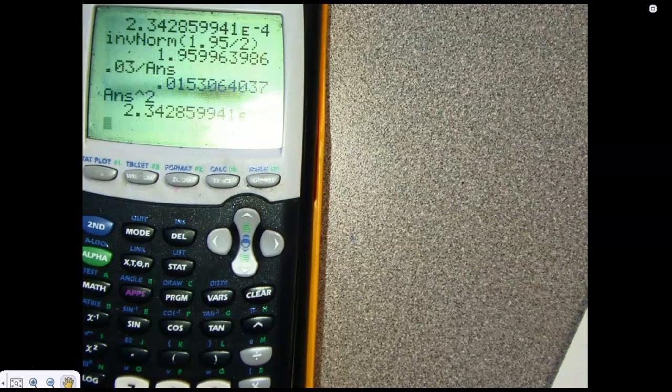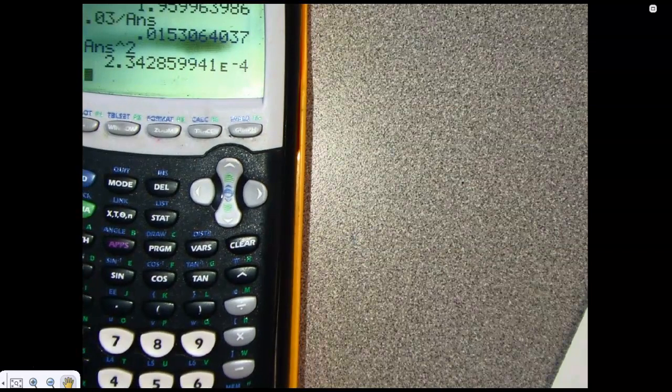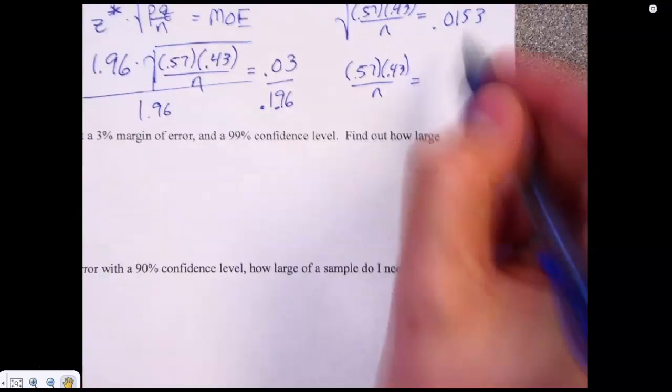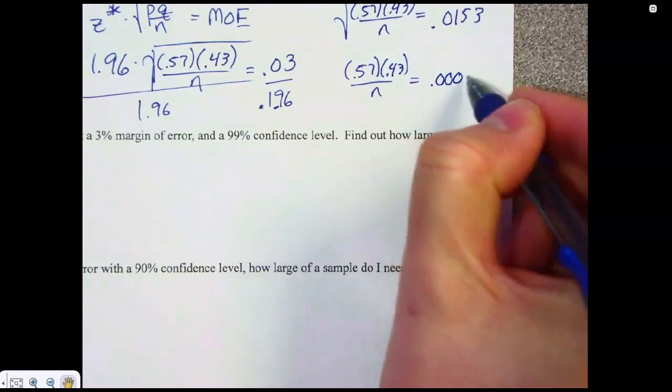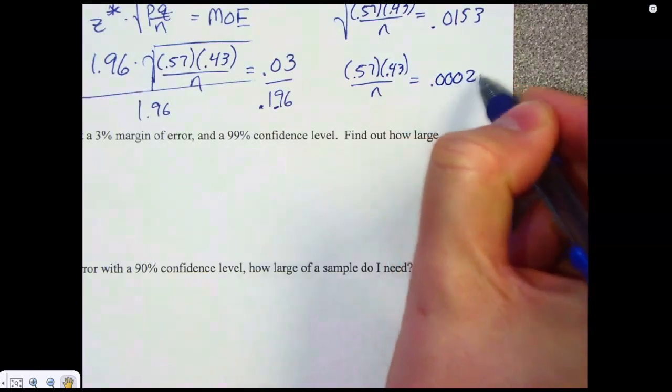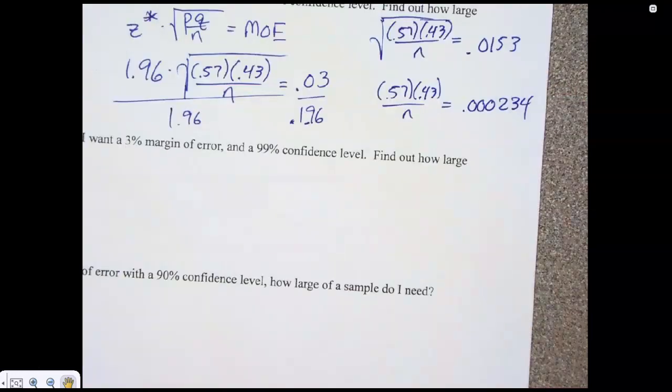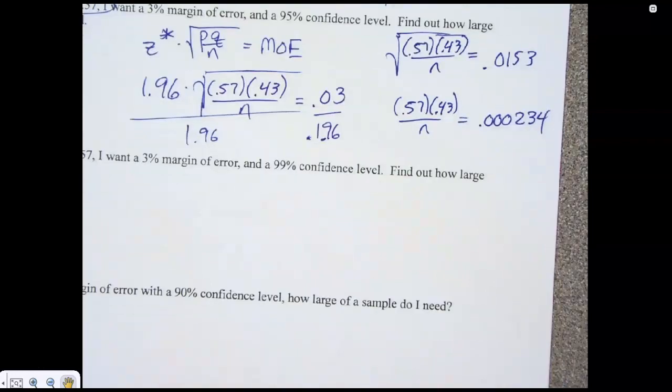And it's tiny. You get this e to the negative 4, that's really common. It's such a small number that it's an exponential. I can write it down over here, but that's not really the important part. So this would be 0.000234.